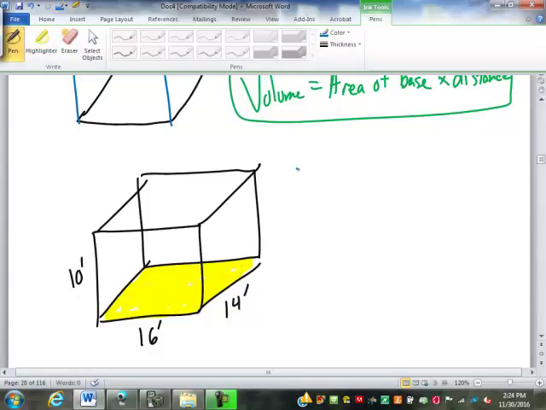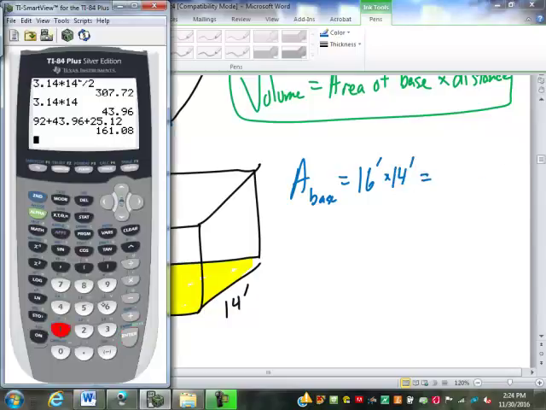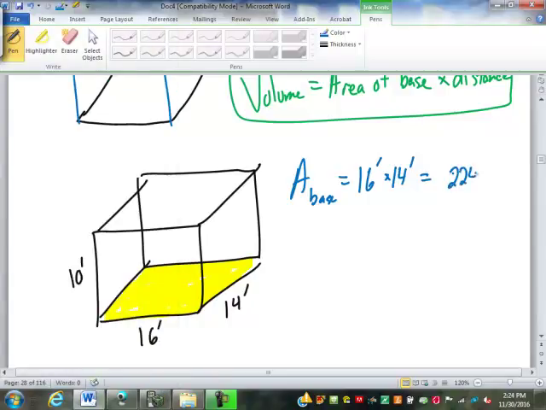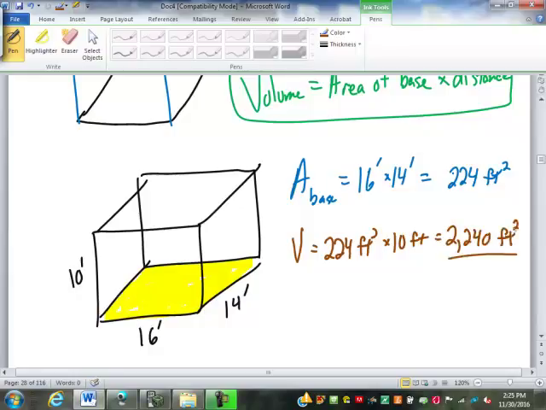The area of that base is 16 by 14, or 224 square feet. So the volume was the 224 square feet times that height of 10 feet, so 2,240 cubic feet, because square feet times feet is cubic feet.